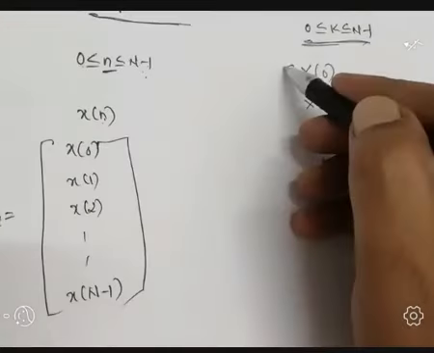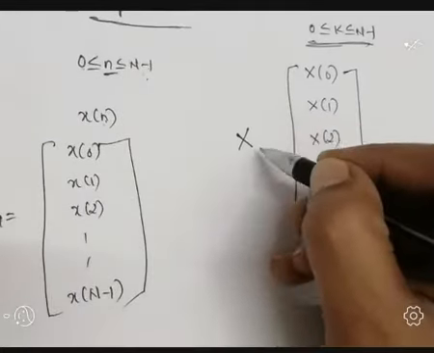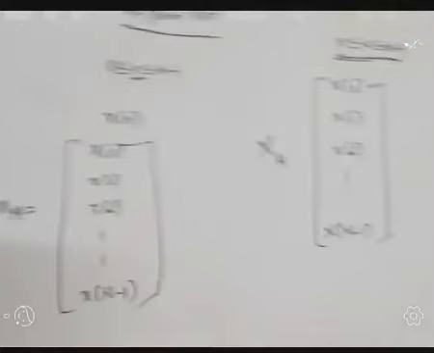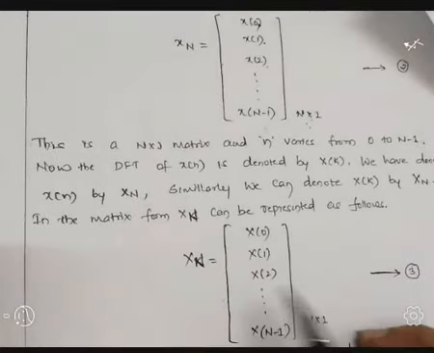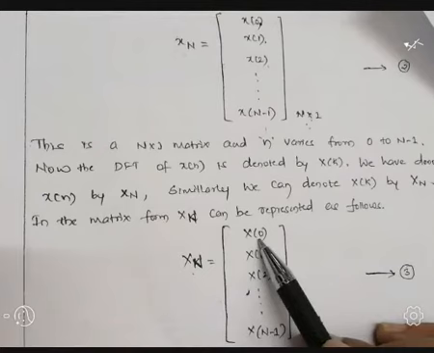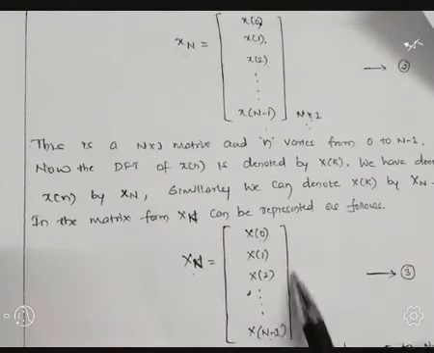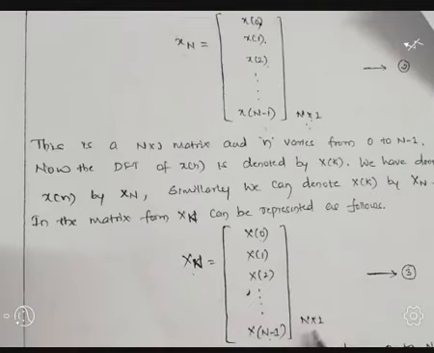We represent it in matrix format as capital X suffix N, equal to X of 0, X of 1, X of 2, up to X of N minus 1. It contains N rows and only one column. It is also an N cross 1 matrix.